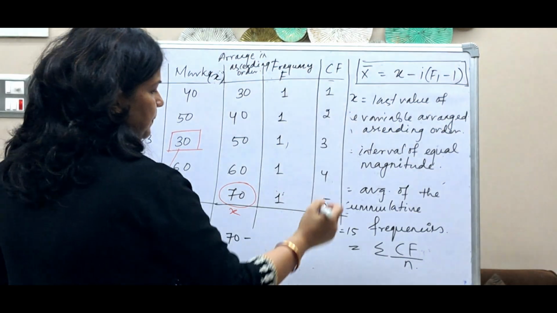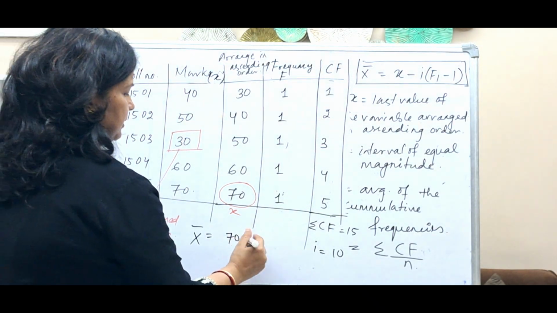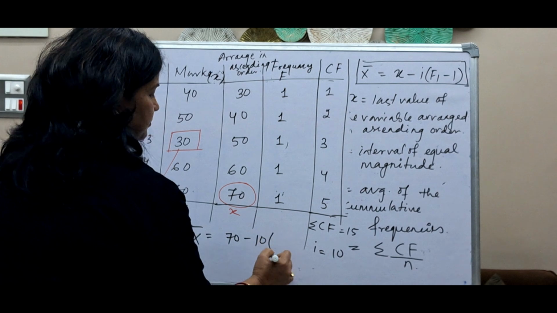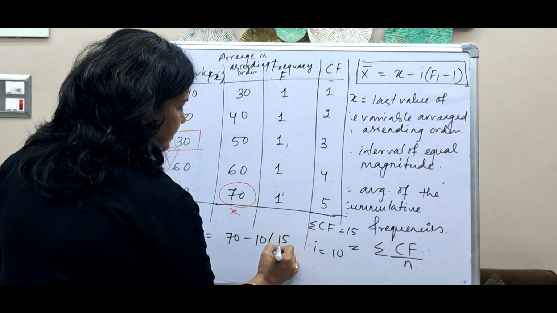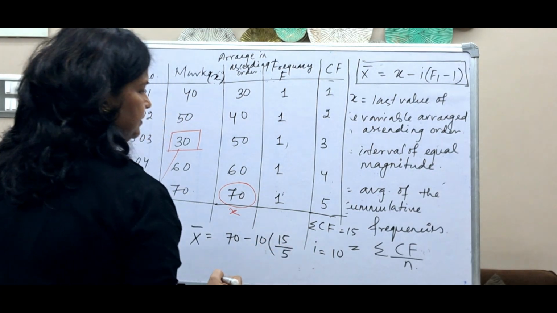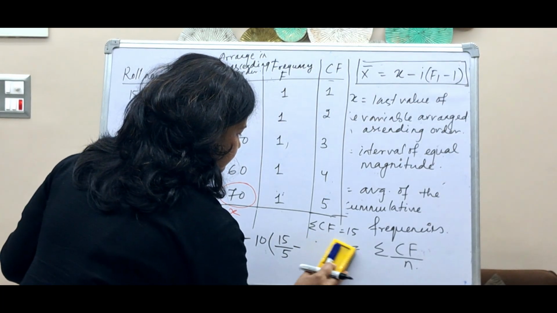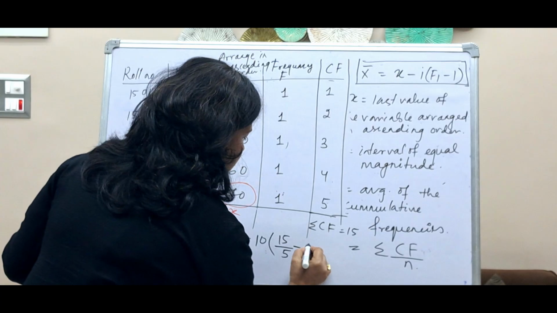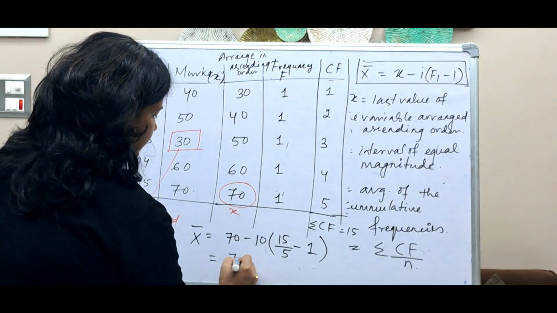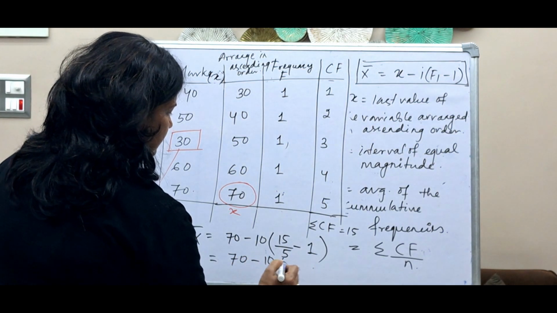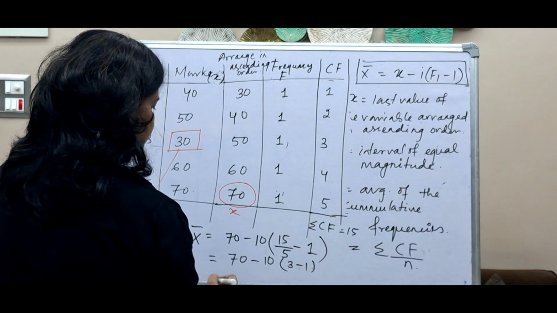So I equal to 10 here. F1 is sigma of CF divided by N, that is 15 divided by 5, which is 3, minus 1.